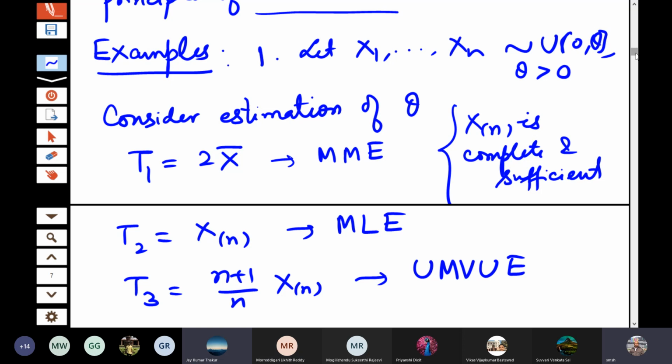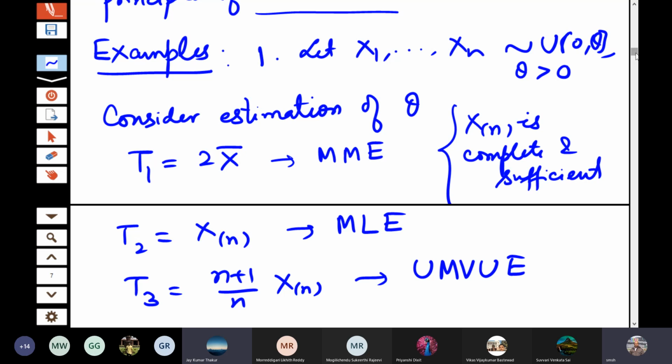So one has a general understanding in this particular problem, if you don't know anything else, that if a problem is given where some small sample size is there, we would like to use (n plus 1)/n times Xn as an estimator for theta. Suppose I have a sample of size n equal to 6.